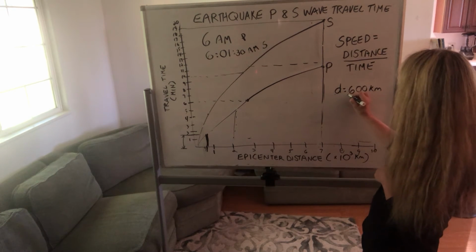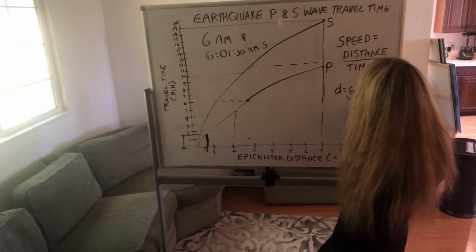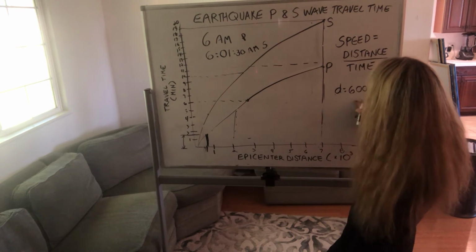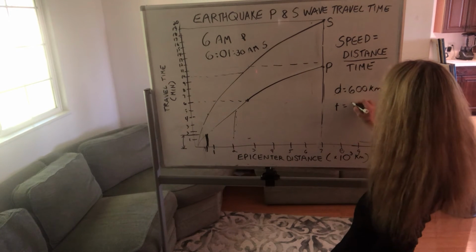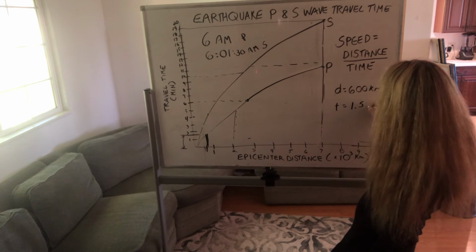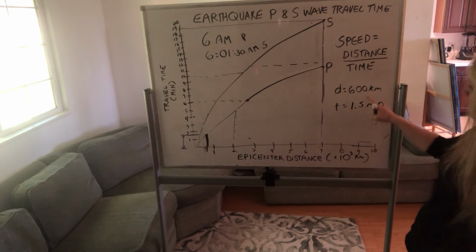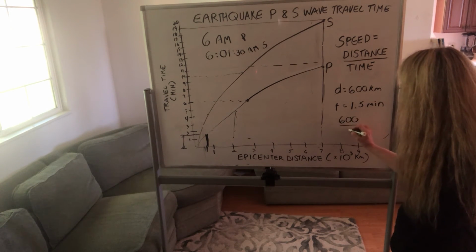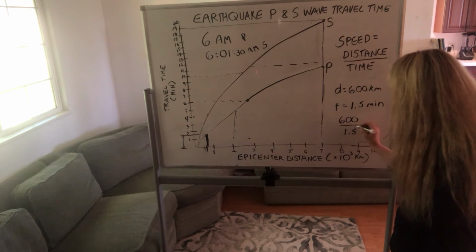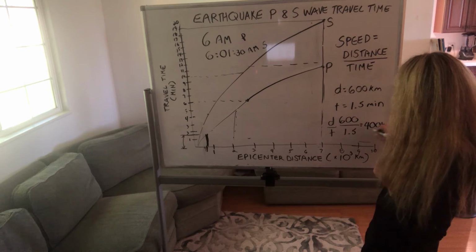So the time it takes to go 600 kilometers is 1.5 minutes. So what is the speed then of the P wave? Distance divided by time. So distance, 600, divided by time, 1.5. Remember, it's distance divided by time per minute.